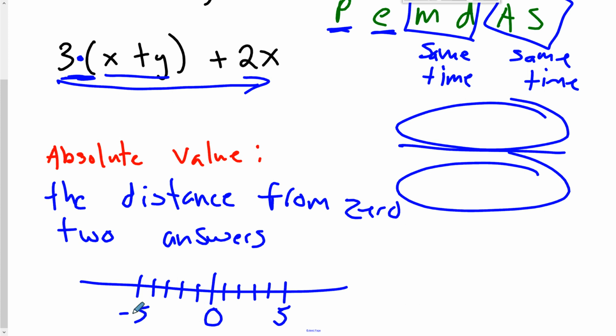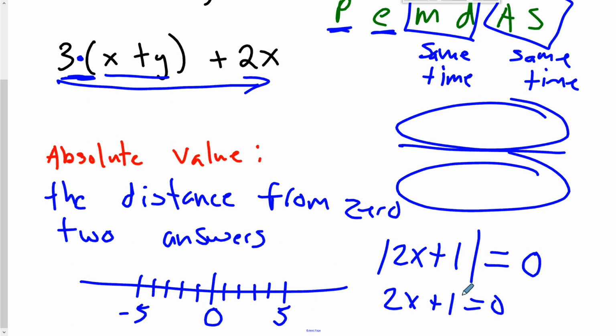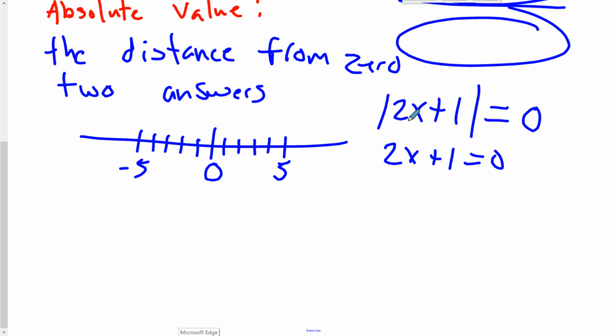So when you're solving these problems, you're actually looking for 2 answers here. So that's why you usually separate these into actually 2 problems. That equals 0, and the opposite, right? So that'd be like 5, and then negative 5 is just the opposite, so then I also have the opposite one. So I take the opposite of this, which would be opposite of positive 2x is negative 2x, opposite of 1 is negative 1.